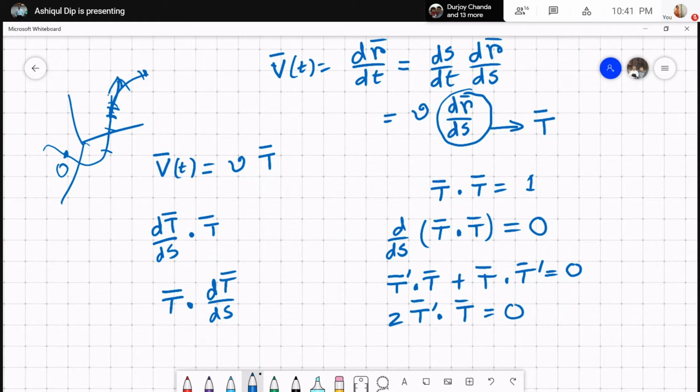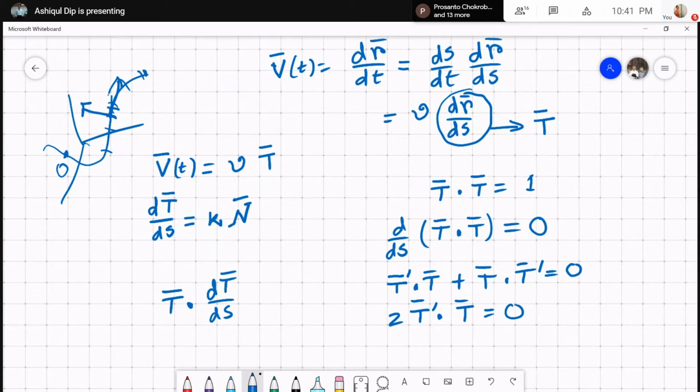So dt over ds must have a direction that is perpendicular to our tangent vector. That specific direction we call the normal direction. So we write dt over ds equals some proportionality constant k multiplied by the normal vector n. We can write that, right?